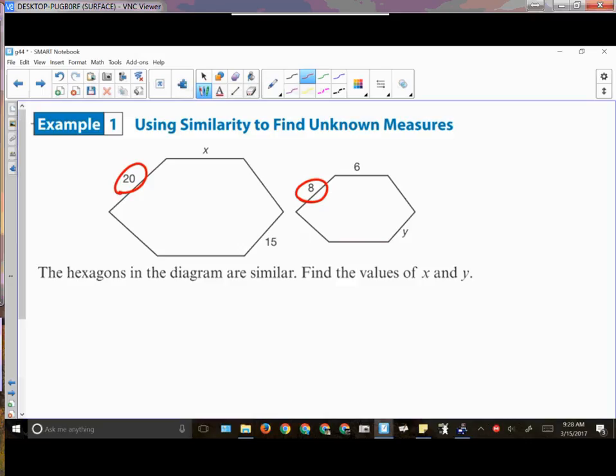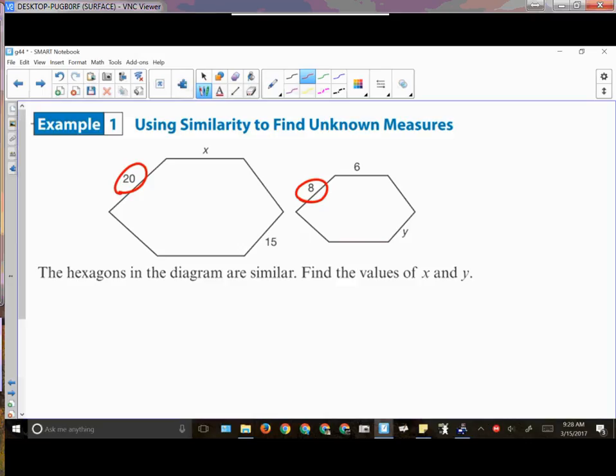Okay. So how much bigger is 20 than 8? 12? So you're saying that I should add 12 to everything in order to get to it, right? It doesn't quite work that way, does it?